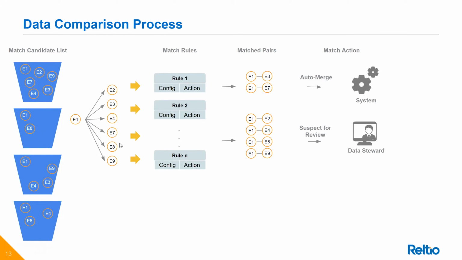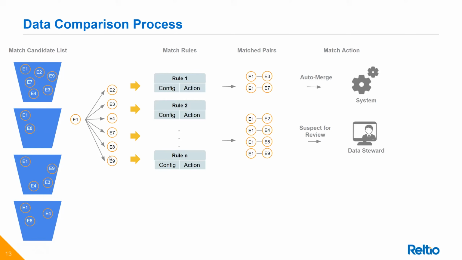So you have E2, E3, E4, E7, E8, and E9. I got this list by scanning through all these buckets that it's part of. So if you have E1 and E8 as a pair in multiple buckets, that won't matter. It will be evaluated only once.